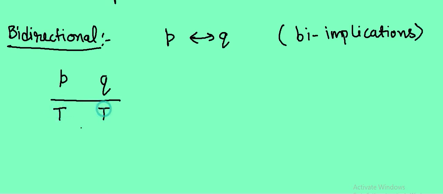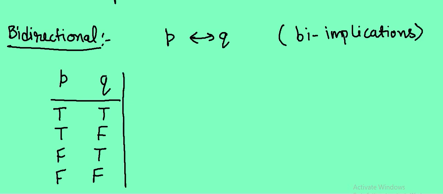So here we have the four combinations. Remember these combinations, as I write them again and again in all the concepts, because P and Q are two statements which can each be either true or false.